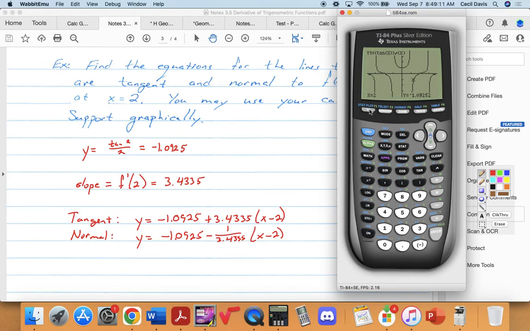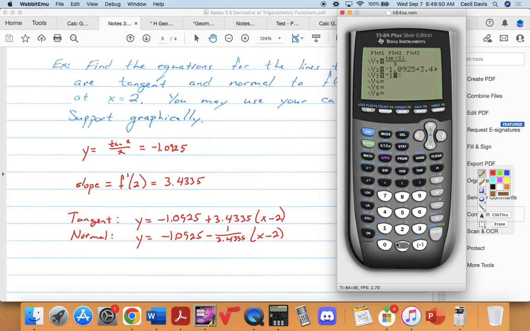So let's see how we did. So now I'm going to add the tangent line, negative 1.0925 plus 3.4335 parentheses x minus 2. Let's graph that and see if it looks good. Oh yeah, that's nice. Clearly a tangent. And then I'm going to graph the normal.